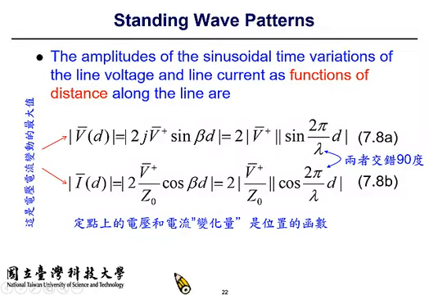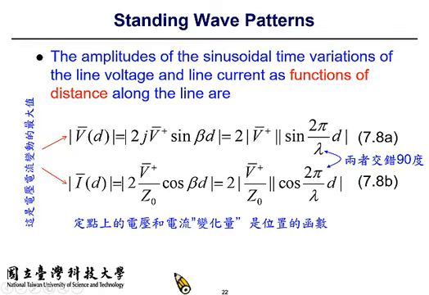And if you take only the magnitude, if you get rid of the phase information, you can see that the two functions differ by what? They differ by Z sub 0, the magnitude of the characteristic impedance. And one is a sine function, the other is a cosine function.